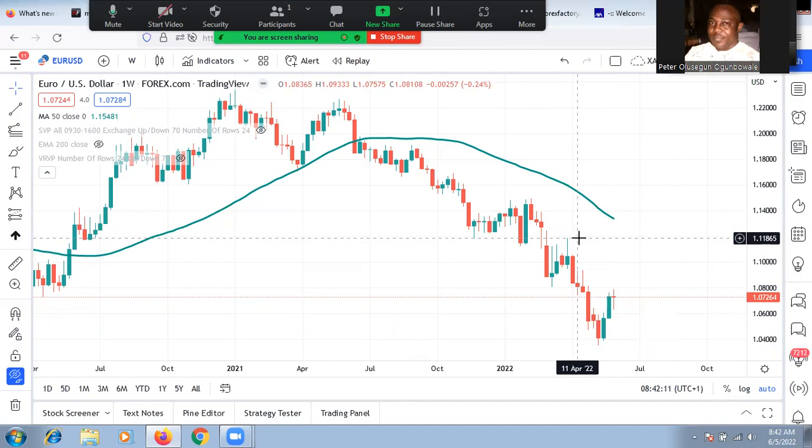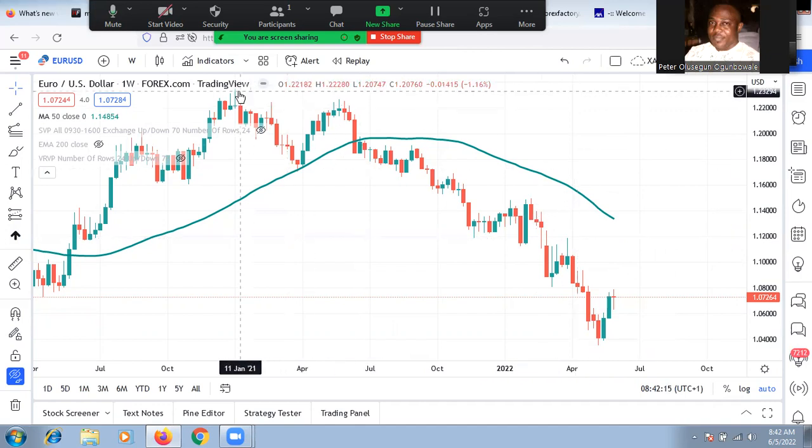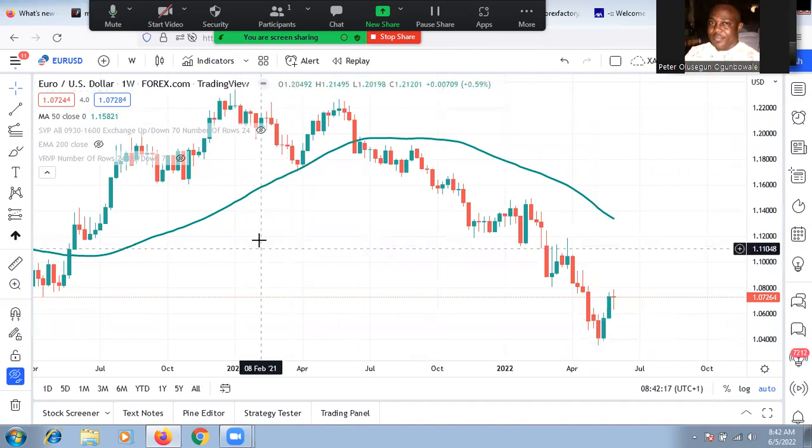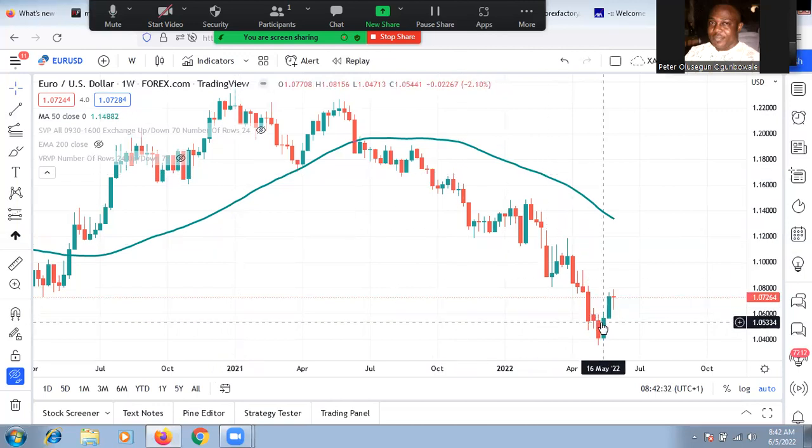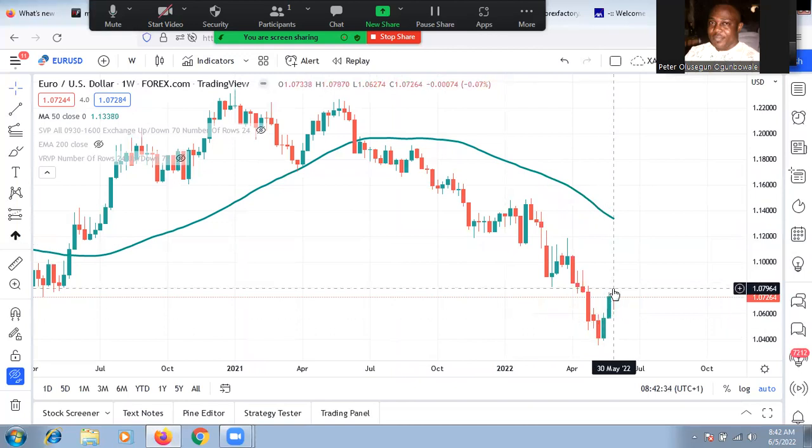And before we start with 5 to end the whole structure that started from here, it ended in December 2020, and it started exactly January 2021 till date. So it's gone over a year and a half now.